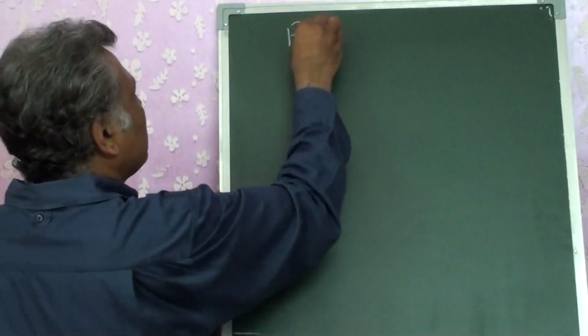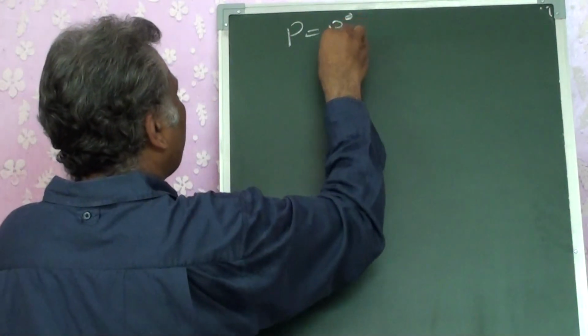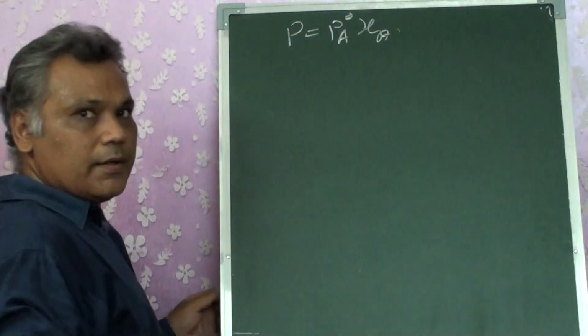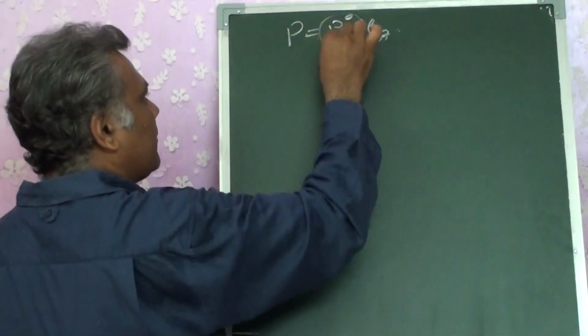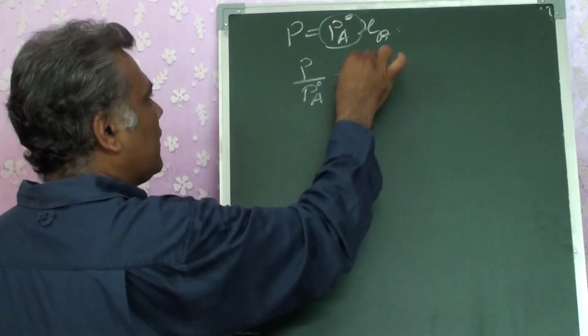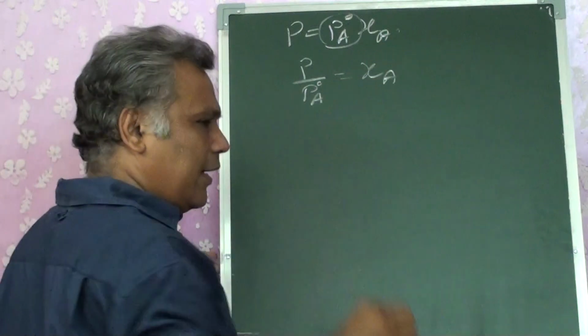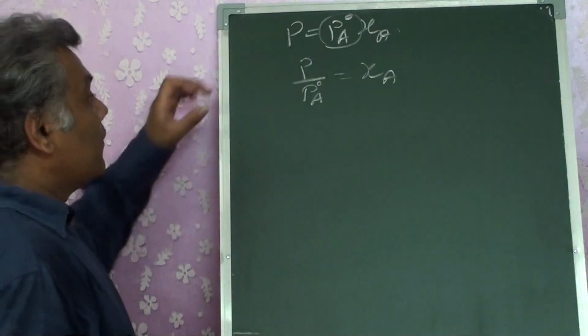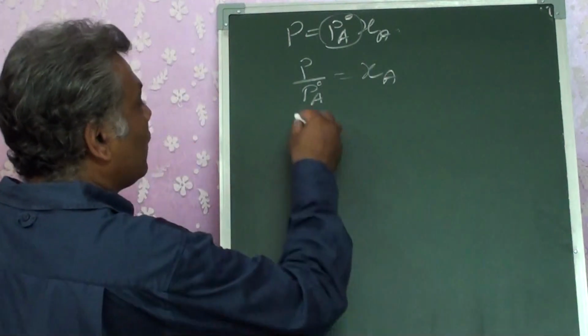We have P is equal to P naught A into XA. Taking this term on the one side, we get P upon P naught A is equal to XA. Now, I subtract it from 1 on both the sides.